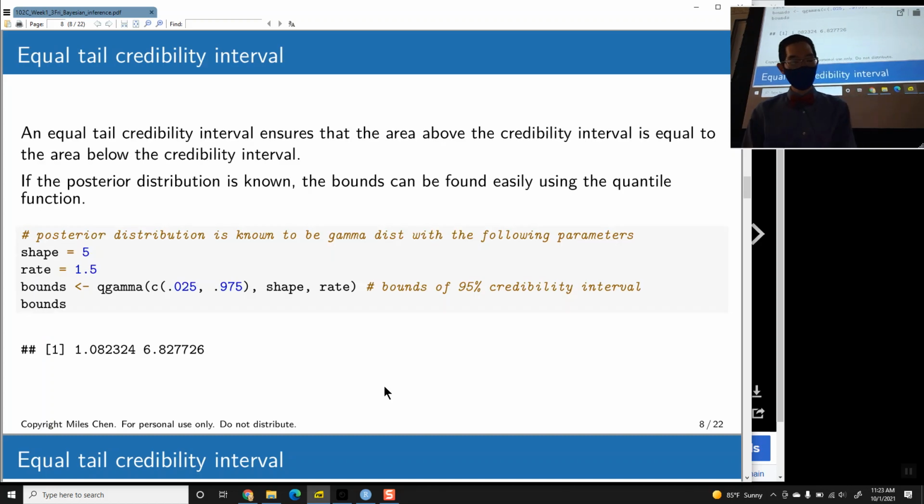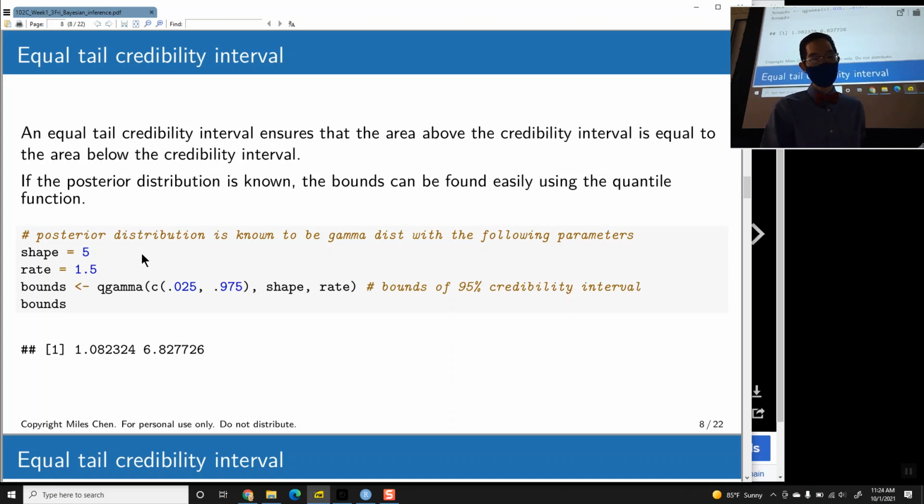So for the equal tail credibility interval, once you get your resulting interval, you just find, okay, if we want a middle 95%, where's the spot where I've got 2.5% in this side of the tail, and where do I have 2.5% on this side of the tail? All right, so here I'm making stuff up. We're just going to pretend we have this posterior distribution.